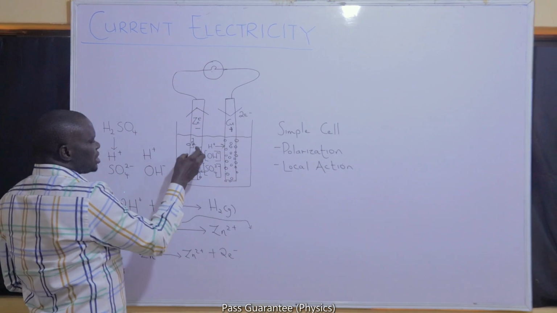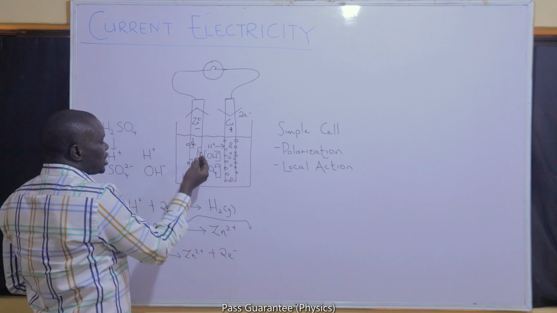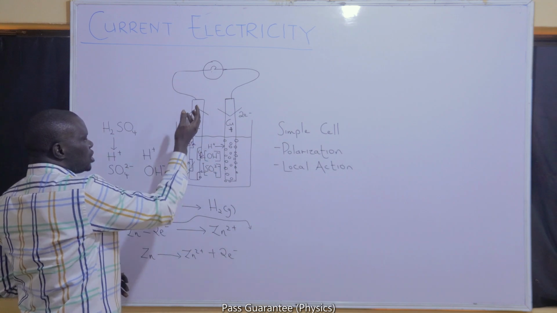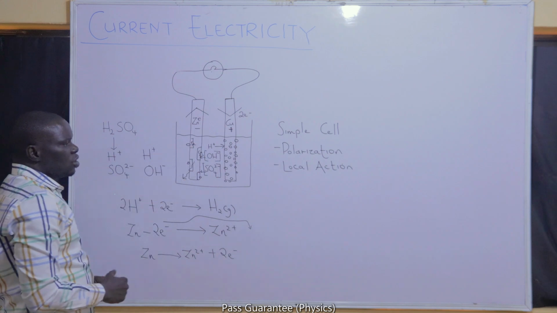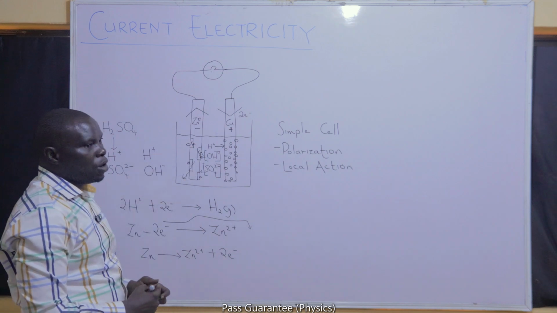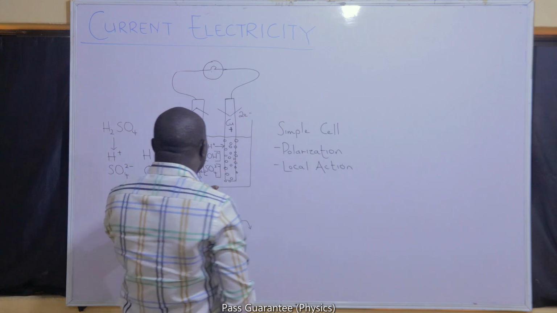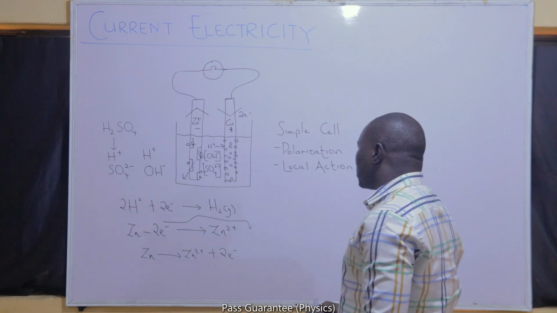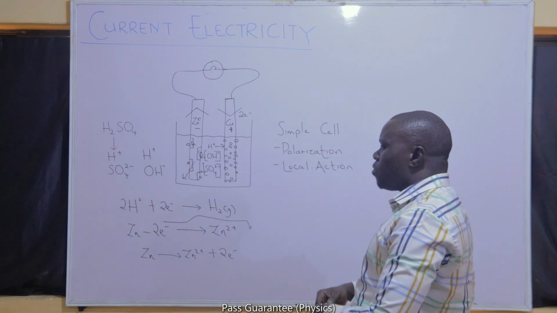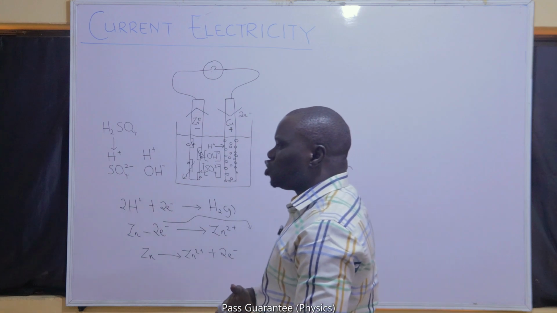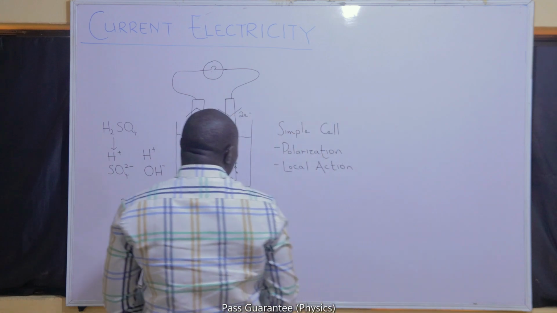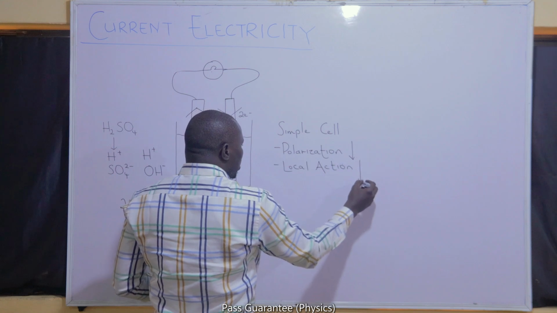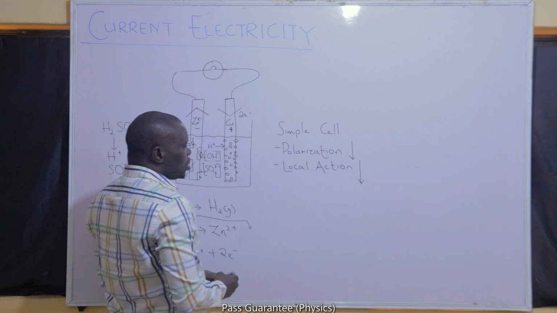But the moment it starts to use electrons, we can say that some of the electrons it is producing are also being used on that electrode. That generates a condition we call back EMF, which will impede the smooth operation of the cell. So our work now as scientists is to find a way to reduce the effect of polarization and also reduce the effect of local action.